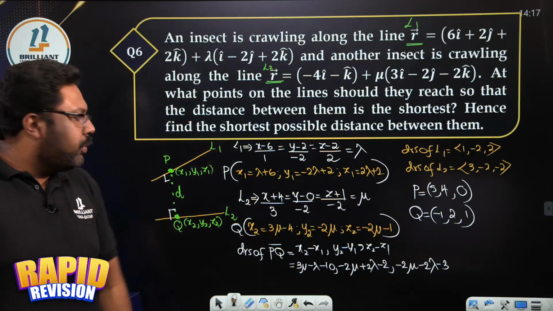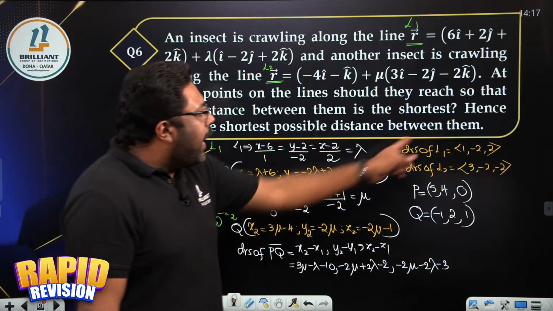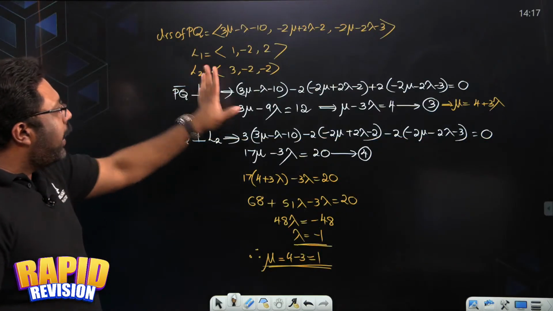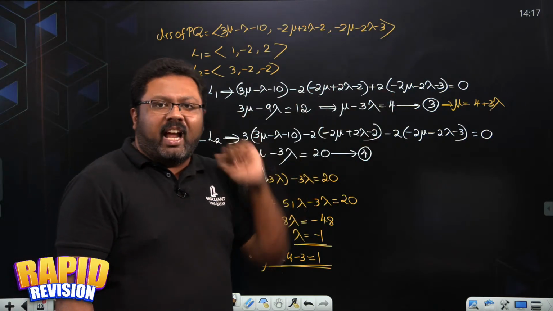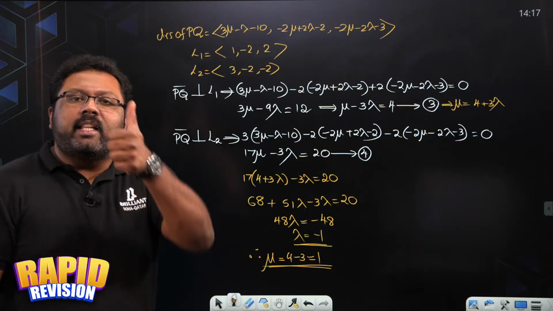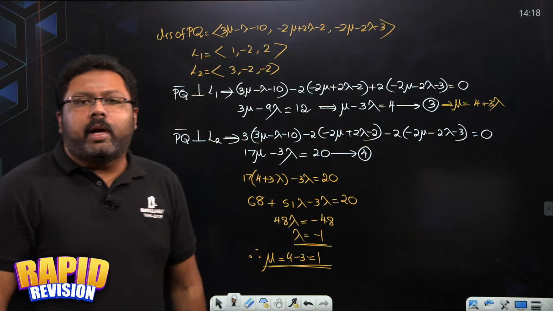I wrote the direction ratios of PQ by subtracting them. L1, L2 already there with me. Simply use the dot product. I got an equation in mu and lambda, another equation in mu and lambda. This is only just 6 steps. Solving the 2, I got the coordinates of the points.